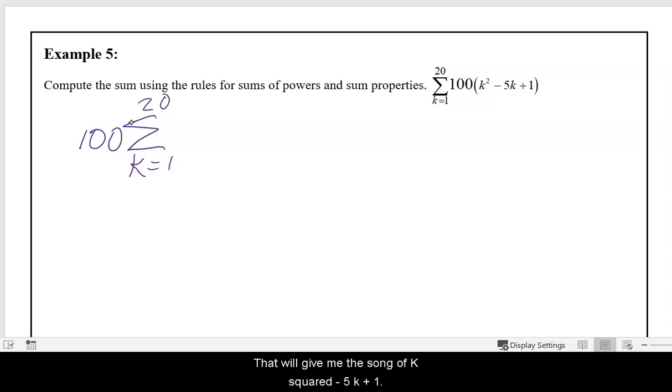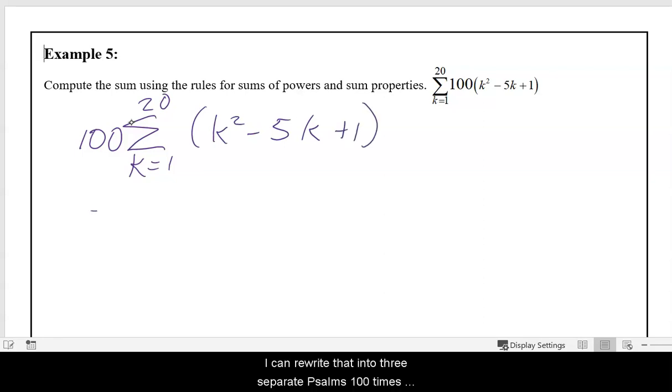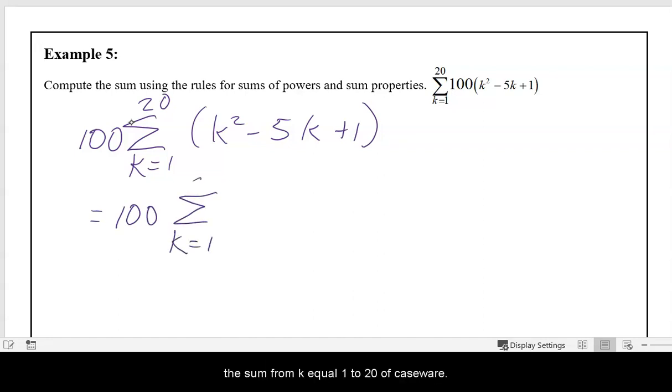That will give me the sum of k squared minus 5k plus 1. I can rewrite that into 3 separate sums. 100 times the sum from k equal 1 to 20 of k squared.